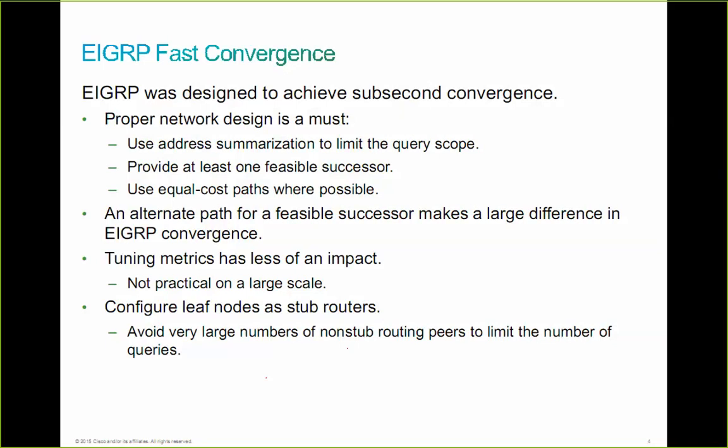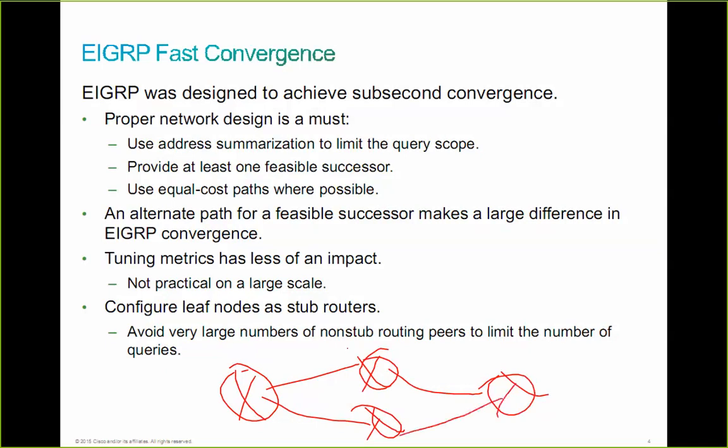Let's say I have a router here, all right, and I've got a path this way and a path this way and a path this way, and network X is what I'm trying to get to. And this is from the perspective of router 1. I'm kind of reviewing a little bit about the algorithm itself and what the concept of feasibility condition is, and feasible distance and successor and feasible successor and so on.